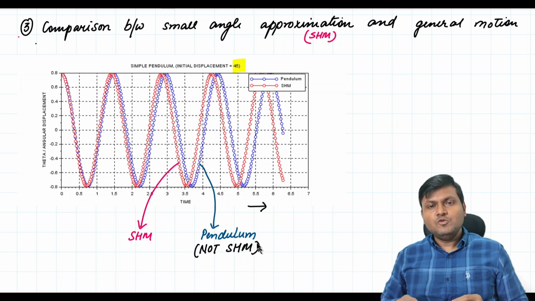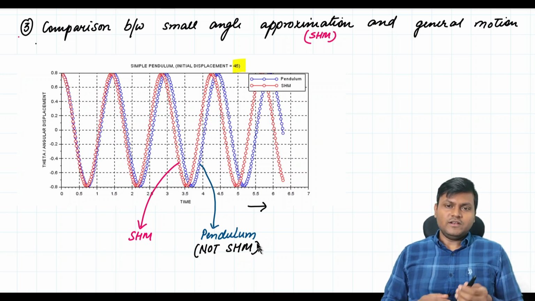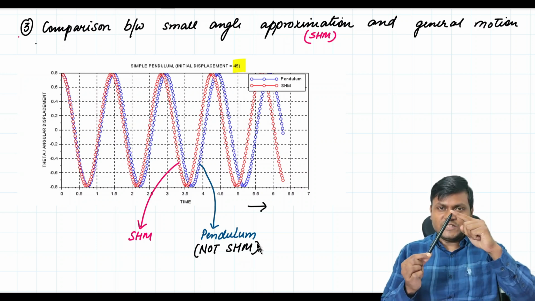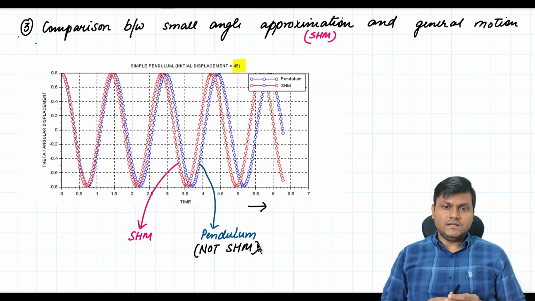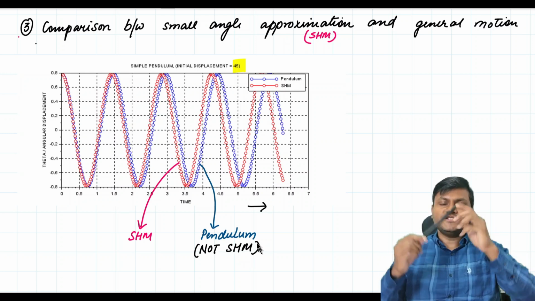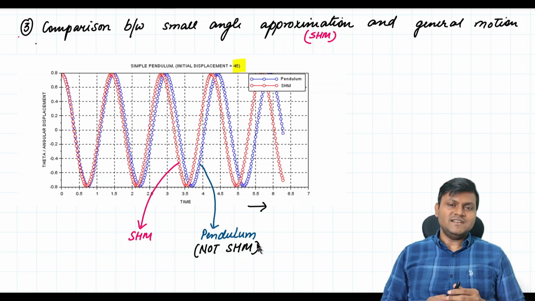Now you may remember that if you have performed this kind of an experiment in a lab, maybe your teacher told you to please make sure that you only take small angular displacements when trying to create oscillations. Well, this is the reason. The reason is that the pendulum stops behaving as a harmonic oscillator for larger angles. So for considerably larger angles, the pendulum is not behaving as a harmonic oscillator anymore.